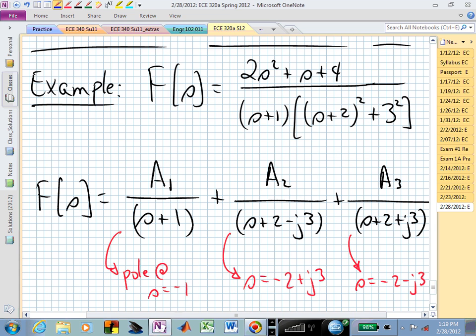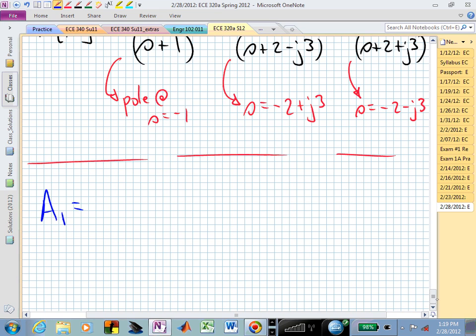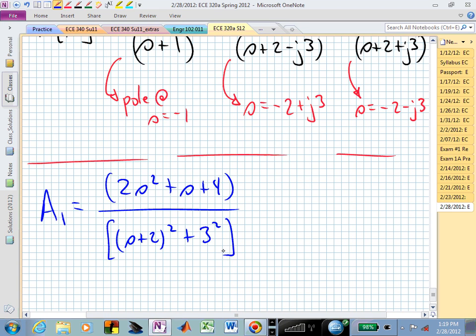The numerator is not going to change, so I now have this 2s squared plus s plus 4, and in the bottom, I've canceled my s plus 1 factor, and now I simply need to evaluate that at that pole location of s equal to -1.